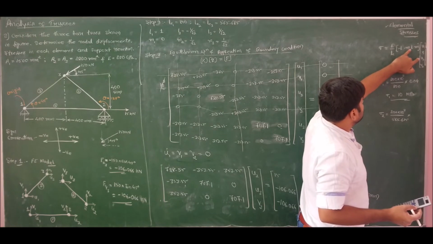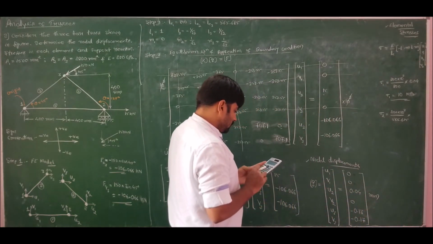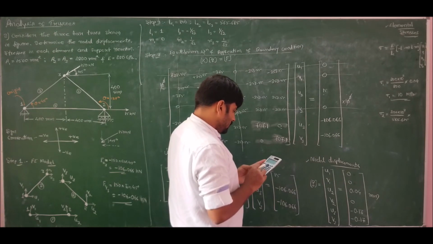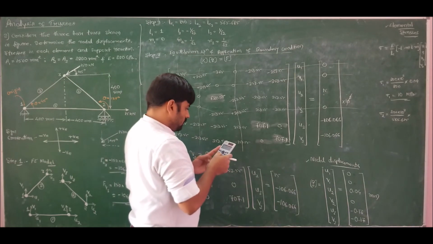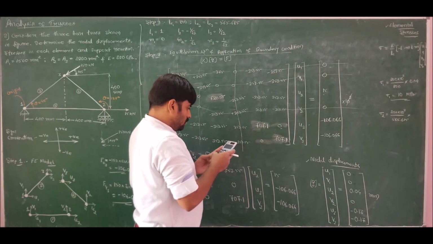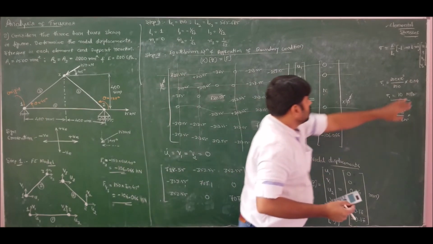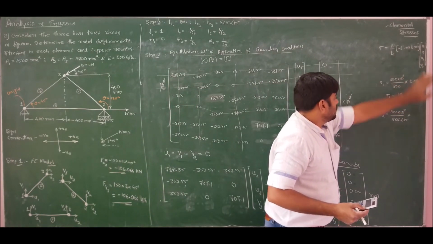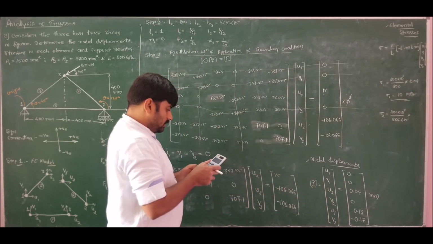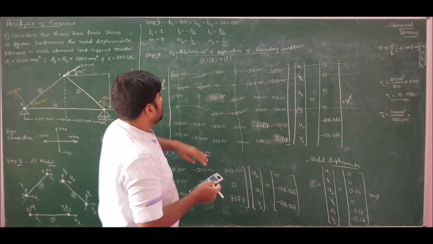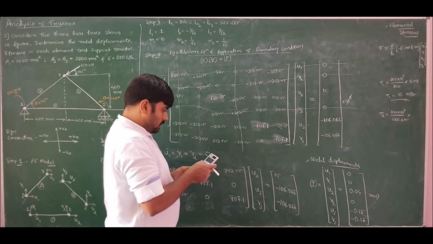U3 will get multiplied with L. U3 is minus 0.13 multiplied with L of the second element, that is minus 1 by root 2, plus V3 multiplied with M. V3 is minus 0.17, multiplied with M, which is plus 1 by root 2.